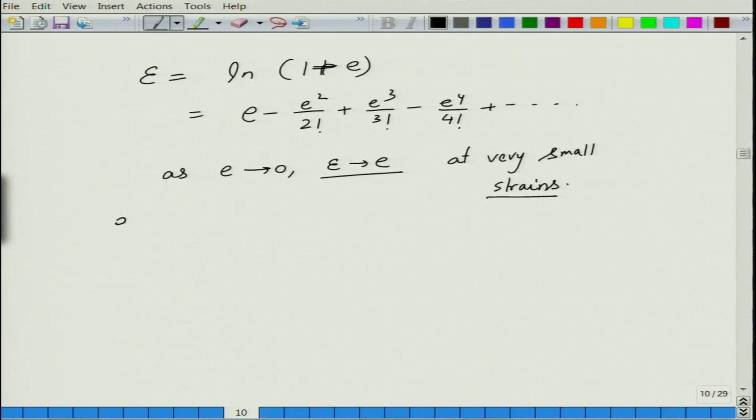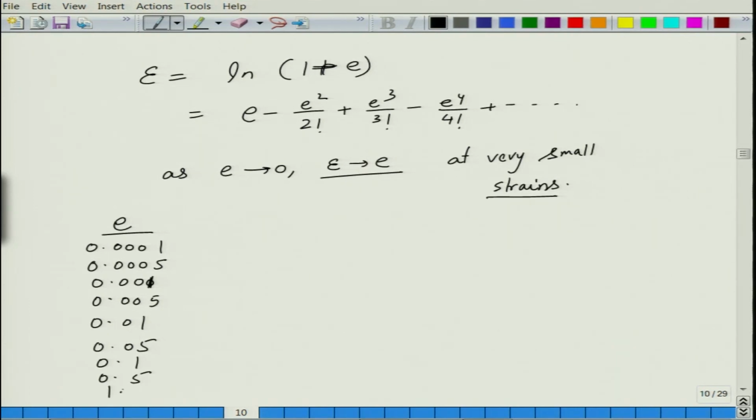Okay. So we have a value of E, let us say we go from 0.0005 to 0.001 to 0.005 to 0.01 to 0.05 to 0.1 to 0.5 to 1.0.